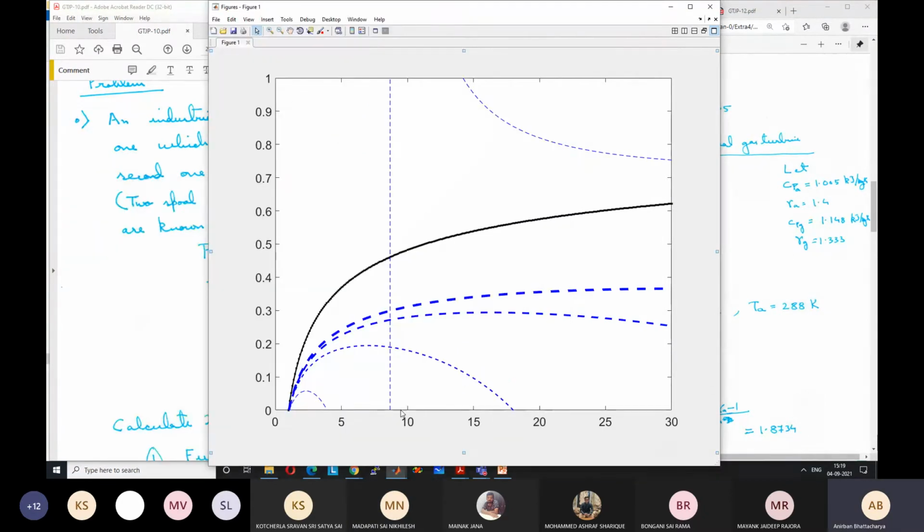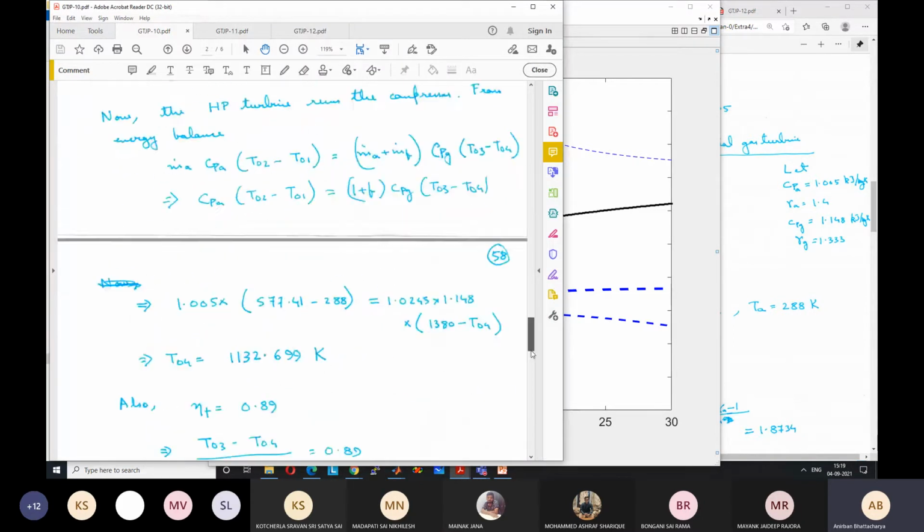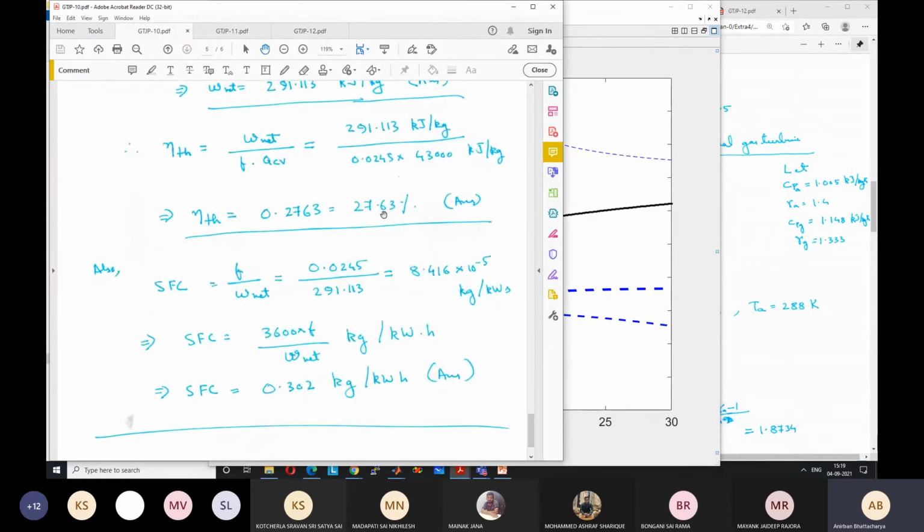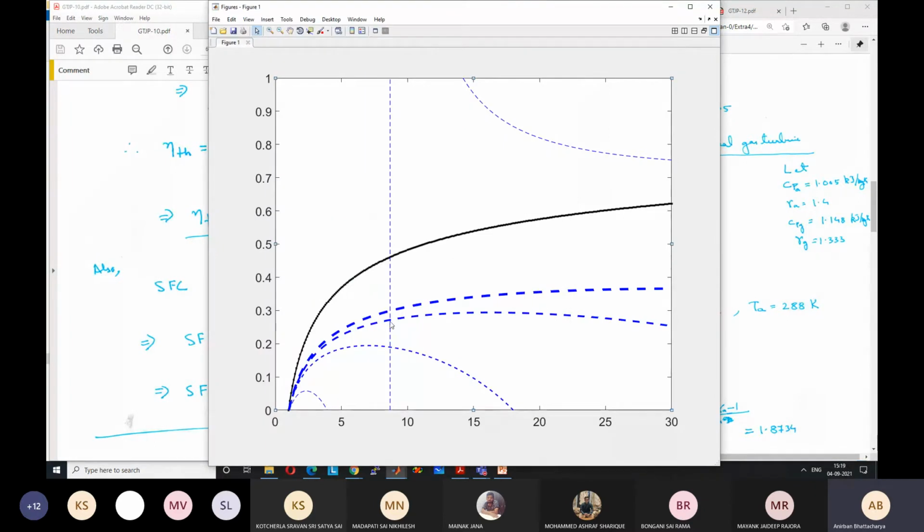And the compression ratio is around 9. It was 9, right? So 9 maybe somewhere around here, and 4.8 will be somewhere around here. So slightly less than 30%, maybe 27, 28%. And that is what we have also obtained from our calculation, right? We obtained an efficiency of 27.63%. So you can find it also from here.